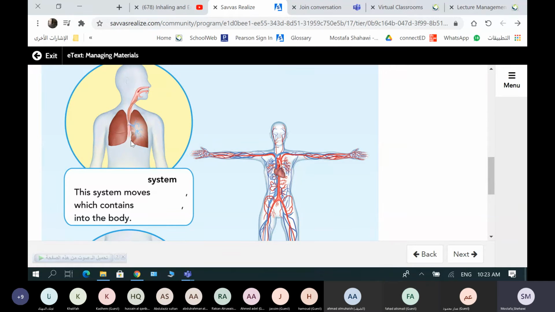Okay. Ahmed Anwar: This system moves, which contains, into the body. So we have a space here. What do we have to write here? What is the system? Respiratory system. And this system moves what, which contains what, into the body?